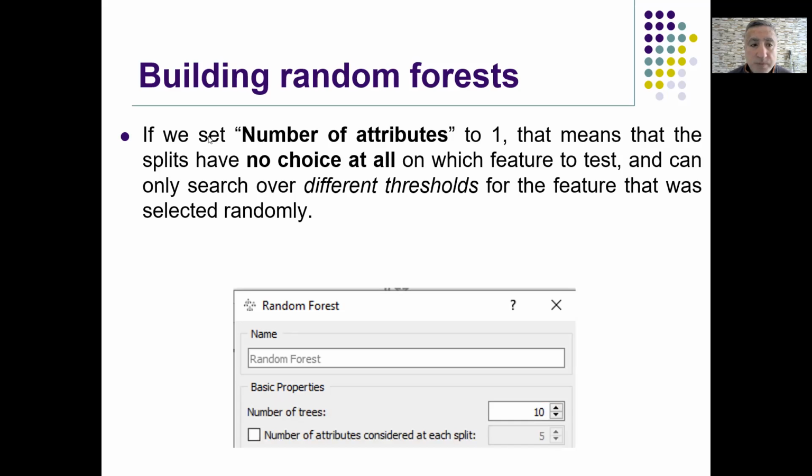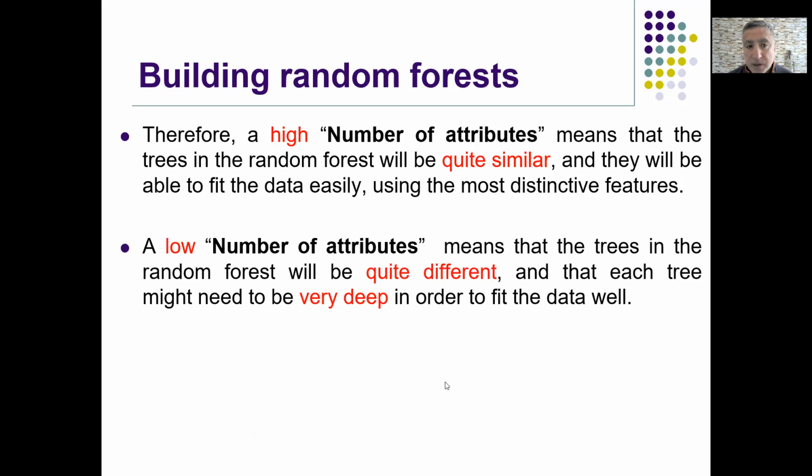Okay. If you set the number of attributes to 1, that means the splitters have no choice at all, because they decide using only one feature, and only search over different thresholds for the feature that was selected randomly. If we choose a high number of attributes, the trees in the random forest will be quite similar, and they will be able to fit the data easily using the most distinctive features.